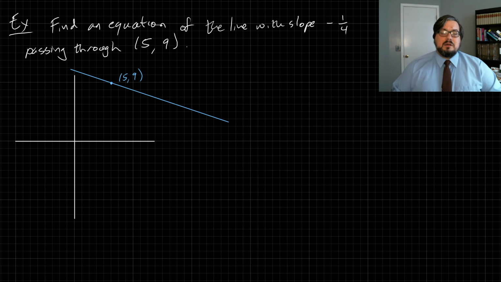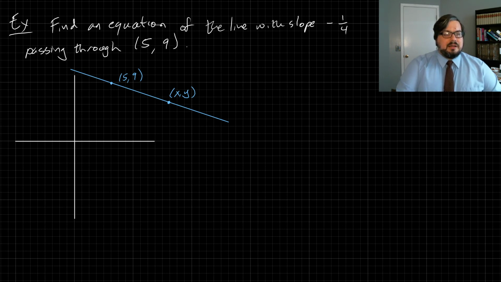So this is what our line is. And I want to do the same sort of thing that we did back at the beginning of the talk with using the slope formula, comparing the point (5, 9) to an arbitrary other point on the line.